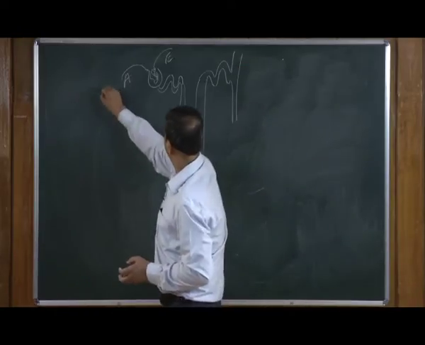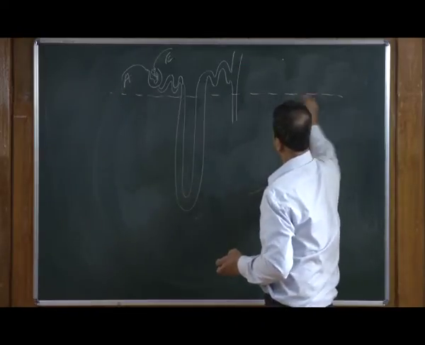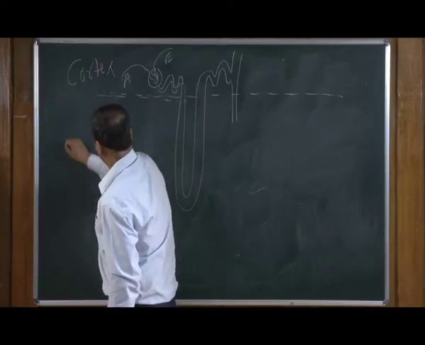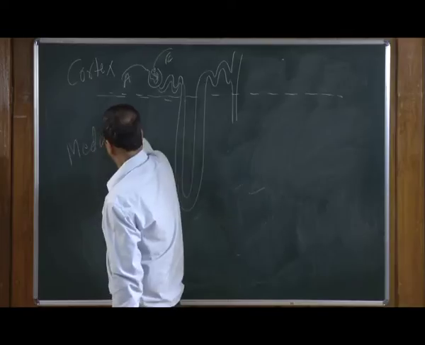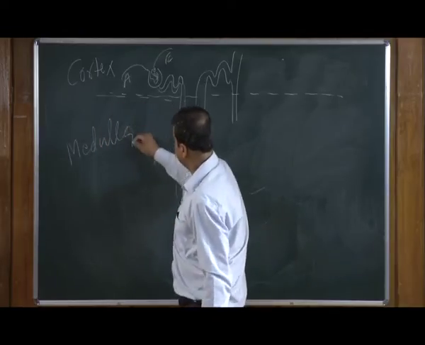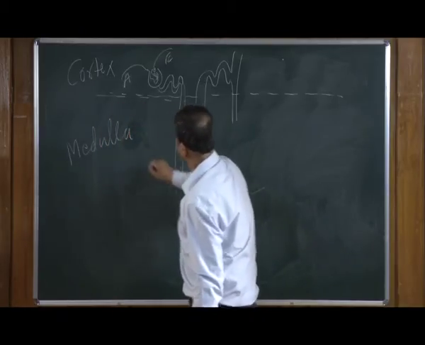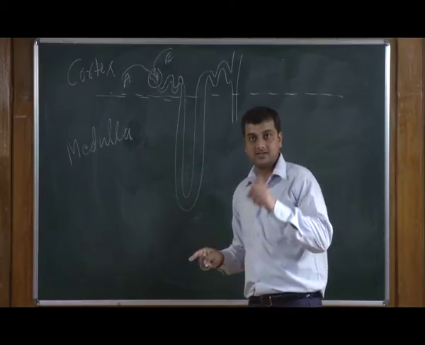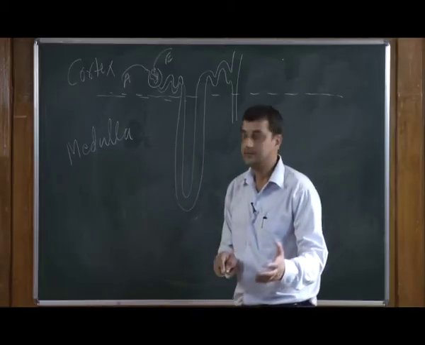So here the area is cortex, and here we have medulla. Now, this Henle's loop is long in the juxtamedullary nephrons.